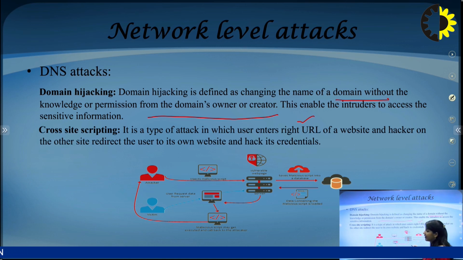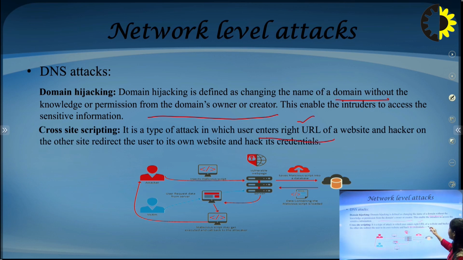Next is cross-site scripting. It is a type of attack where the user enters the right URL of the website and the hacker has redirected that website to another website. So as the name suggests, we are going to be connected to some proxy server or fake server.